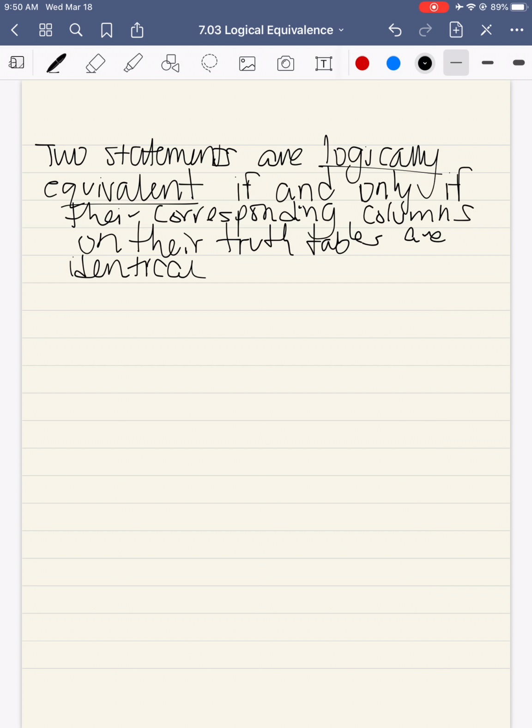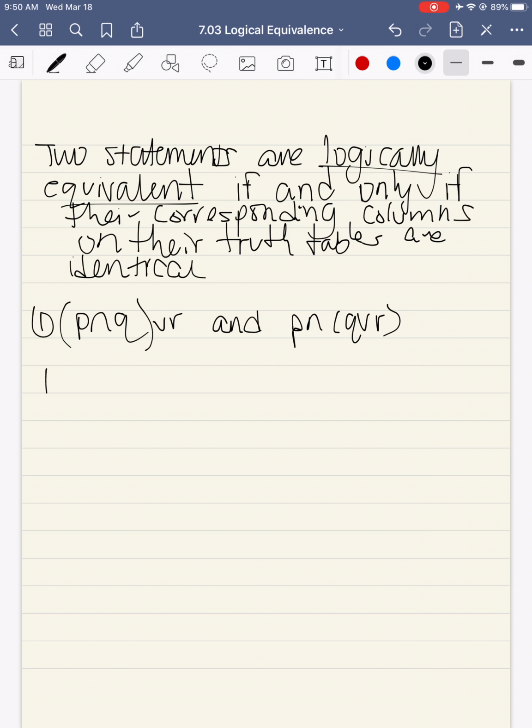So let's take a look at an example to see if we have logical equivalence between these two statements. So the first statement we have P and Q or R, and P and Q or R. So are these statements going to be logically equivalent? Let's build their truth table to find out. So here we have three propositions going on. So our table is going to be a little bit larger than our previous ones.